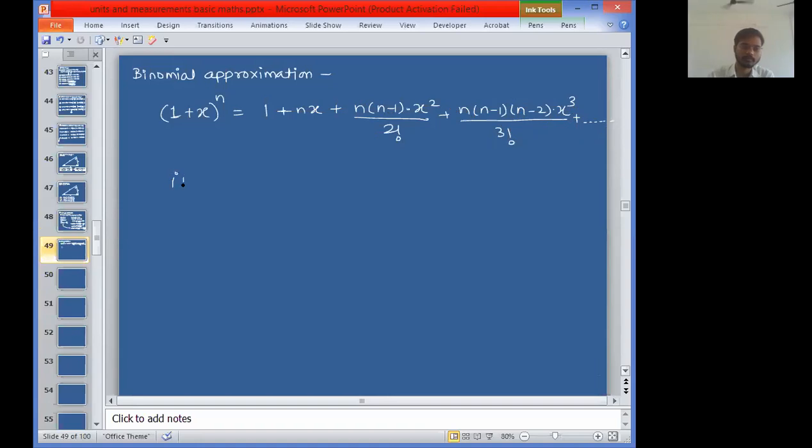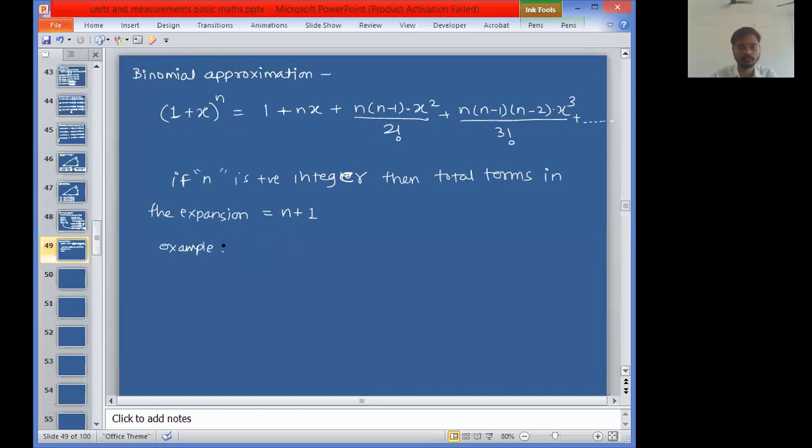If n is a positive integer, then total terms in the expansion is equal to n plus 1.